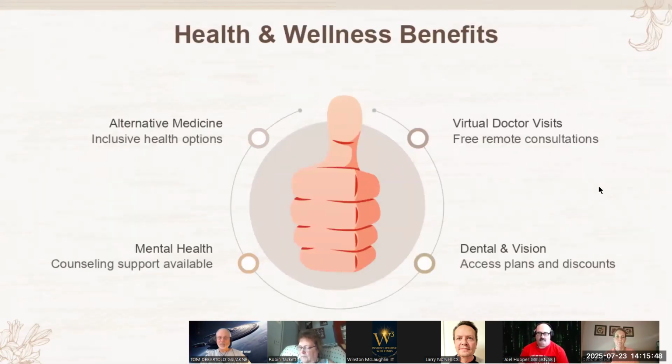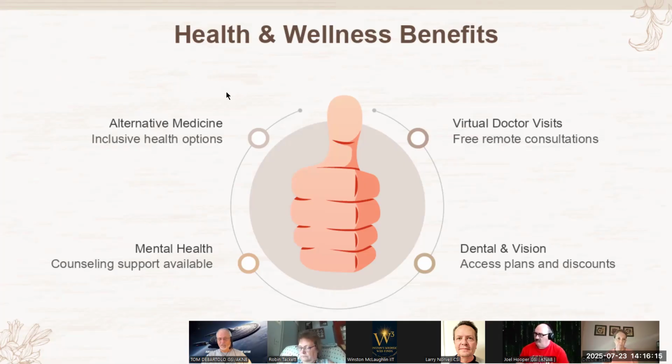Now, the health and wellness benefits. First of all, understand that this isn't insurance, it's not health insurance, but it has a lot of things that can help the employees basically with their life. For example, there's alternative medicine, which is inclusive health options.